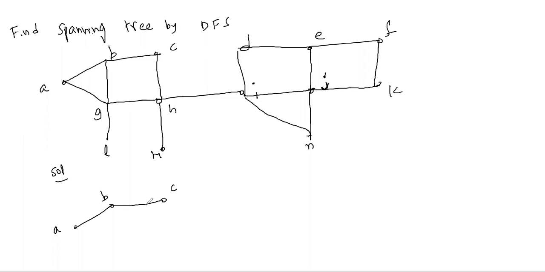Okay, so next C to what is it? C to, I can go H. Okay, next H to I. You first try to cover almost all possible vertices.